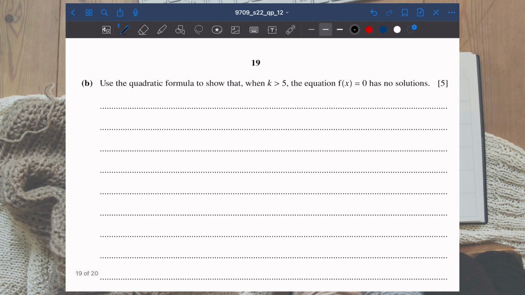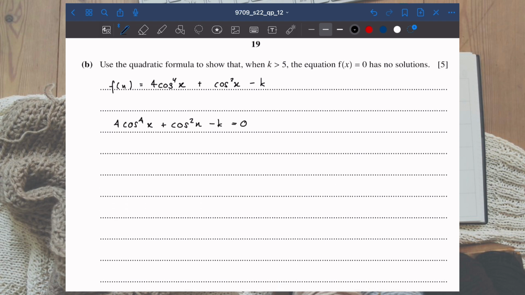Part B. Use the quadratic formula to show that when k is more than 5, the equation f of x equals to 0 has no solutions. So earlier our f of x was 4 cosine power 4 x plus cos square x minus k. So this equation equals to 0.